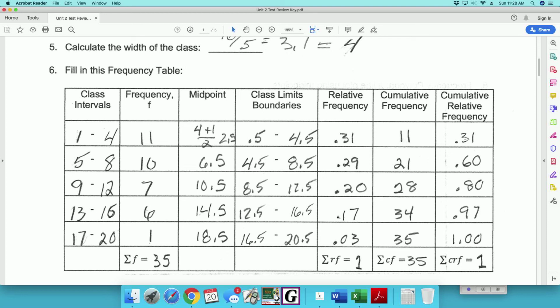And the same thing, the cumulative relative frequency is adding up the relative frequencies. So the first one was 0.31 plus 0.29, which is 0.6, plus 0.2, 0.8, plus 0.17, is 0.97, plus 0.03, 1. This will always add up to 1.